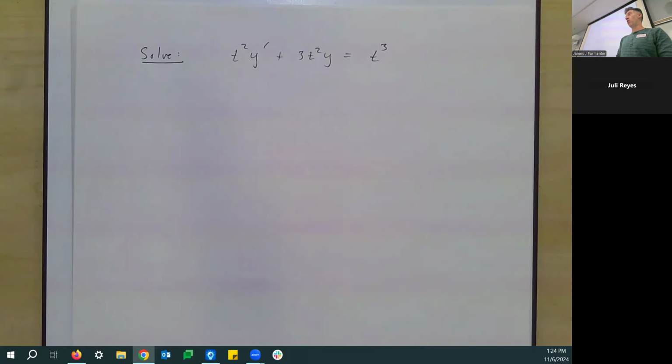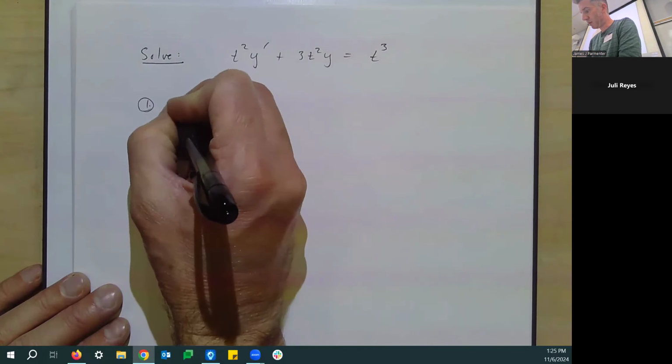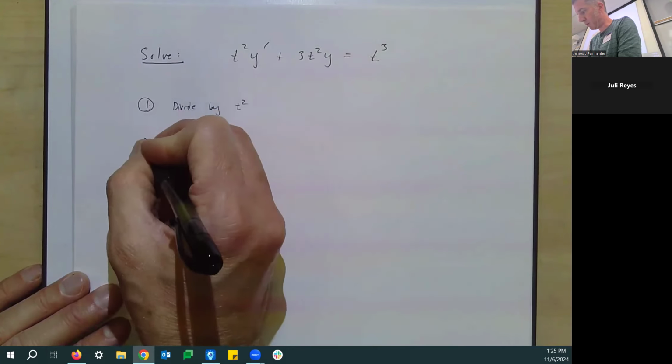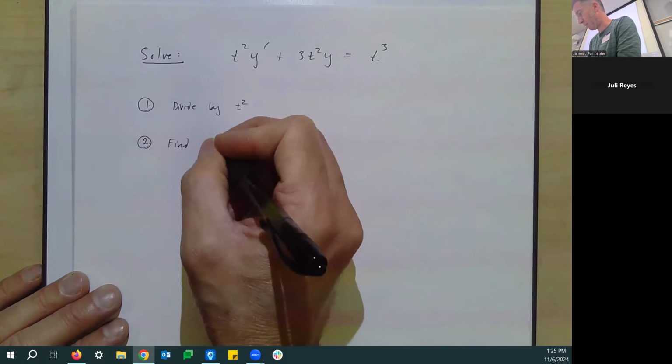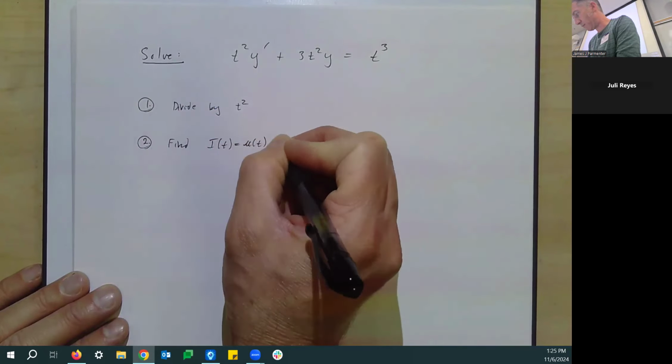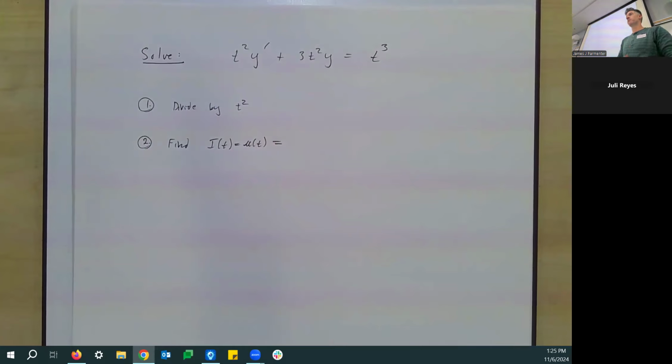So here's what I want you all to do, and I do want you to do this. First divide everything by t squared, and then find your integrating factor. So step 1, divide by t squared. Step 2, find your integrating factor, which you might be calling I of t or mu of t, whatever you're calling it. Do it.